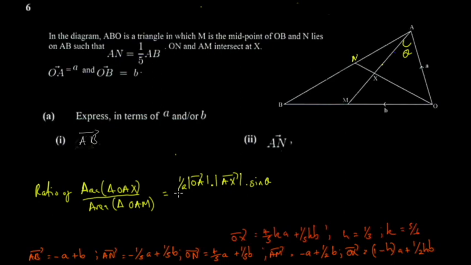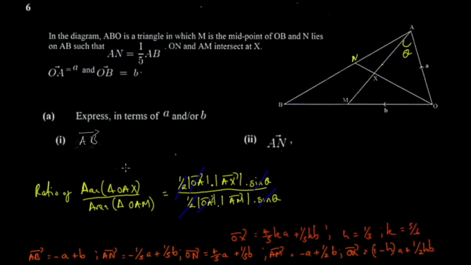This is simply half AB sine theta, the formula that we used to find the area of a triangle. And for this one it'd be half, again OA, because it's this limb here and also this other limb here, multiplied by AM, multiplied by sine theta. What you notice immediately is that some of these elements actually cancel out. Here this one cancels, this one cancels, and the others cancel.